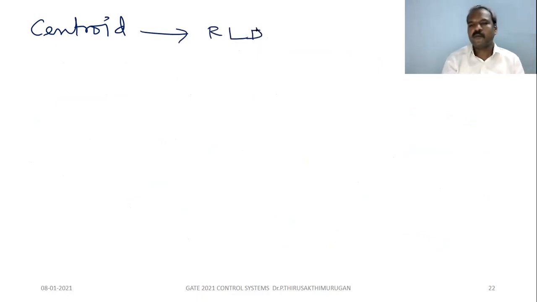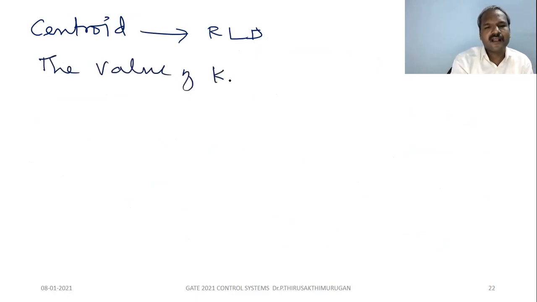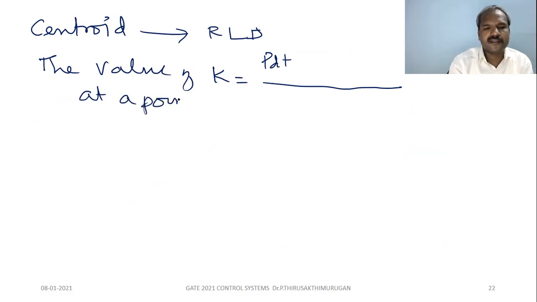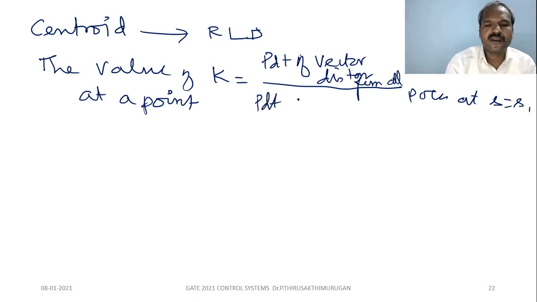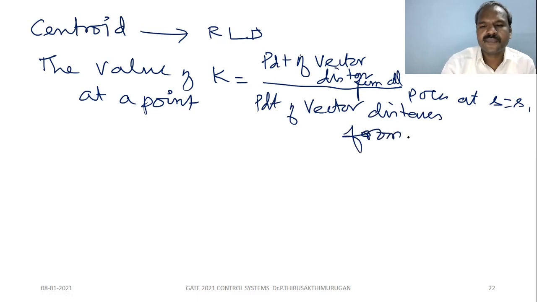Similarly, finding the value of k at any junction is also the same. The value of k at a point on the root locus is the product of vector distances from all poles at s equal to s1, and the denominator contains the product of vector distances from all zeros at s equal to s1.